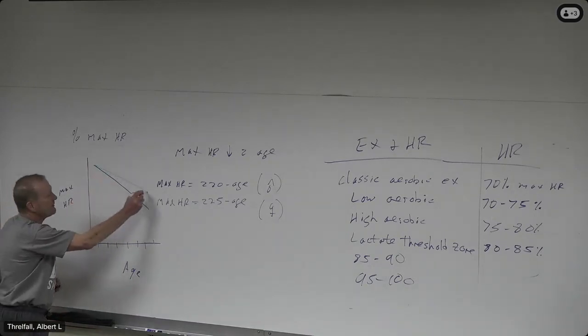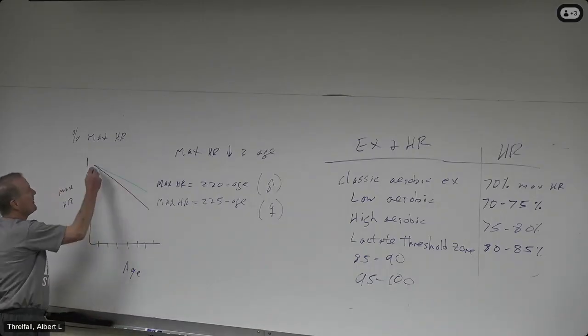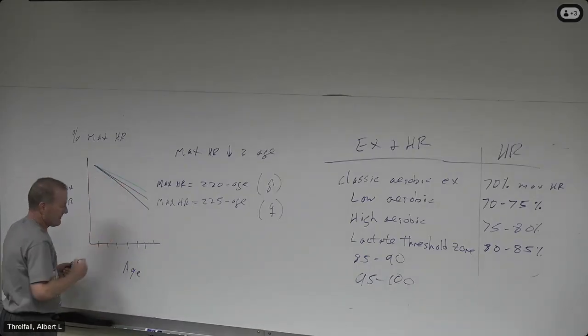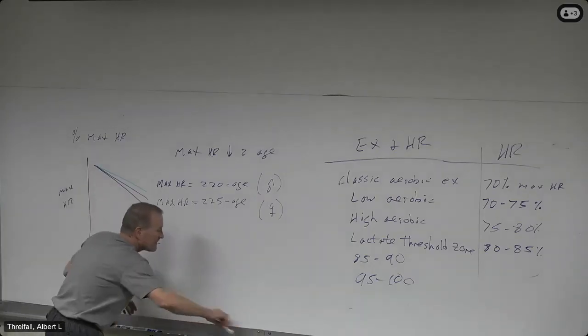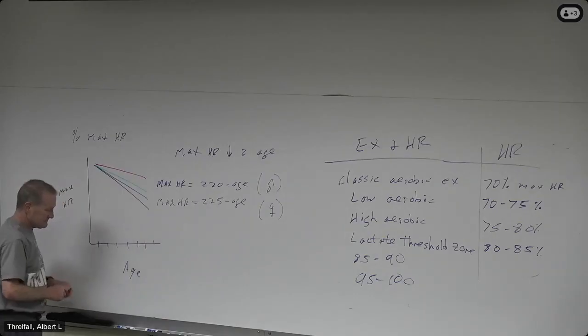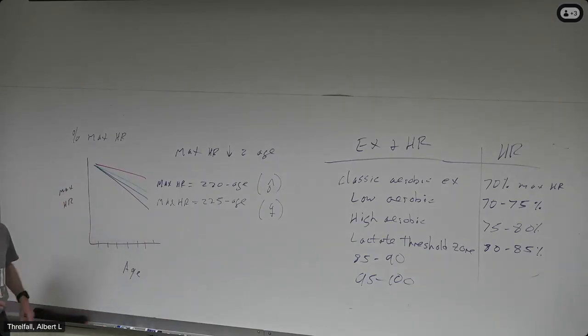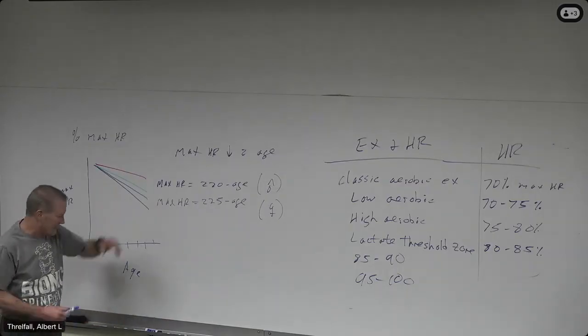They might be on that line. Or maybe they're on that line. Or maybe they're on this line. And I don't know. You don't know. So if you want to know your maximum heart rate, this is crap.